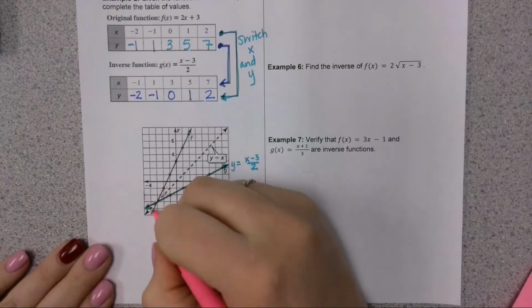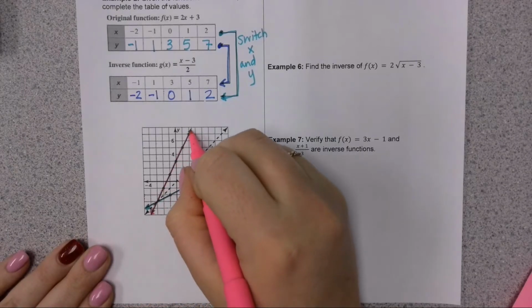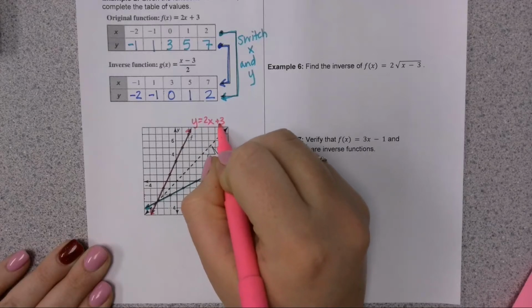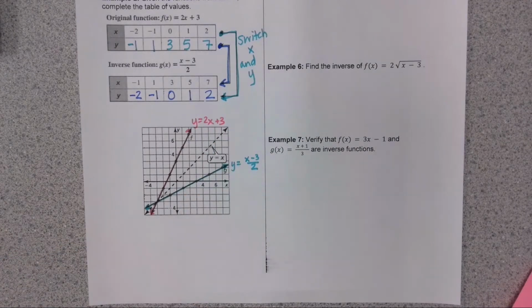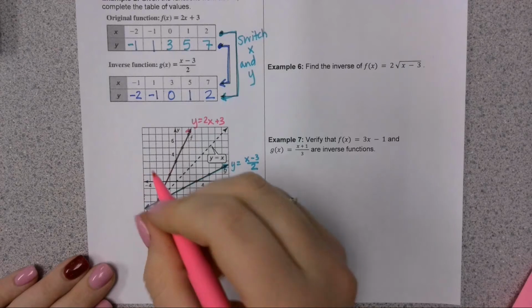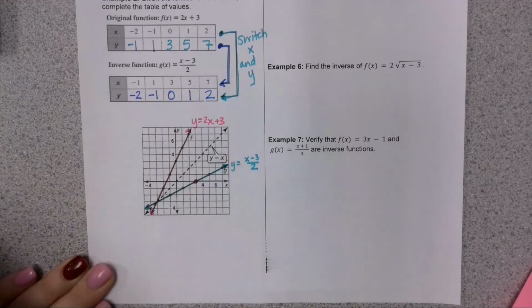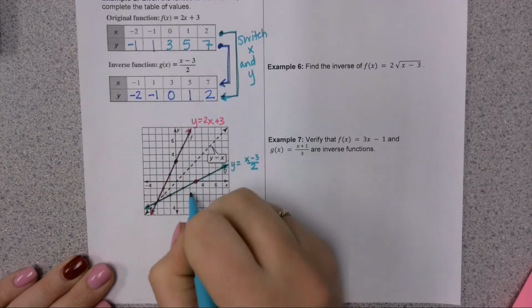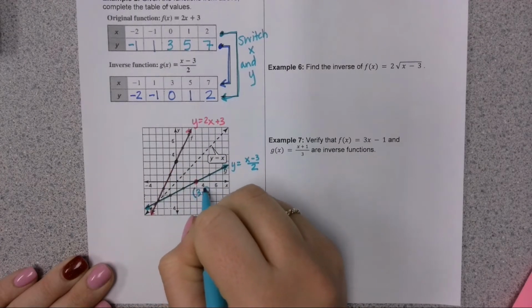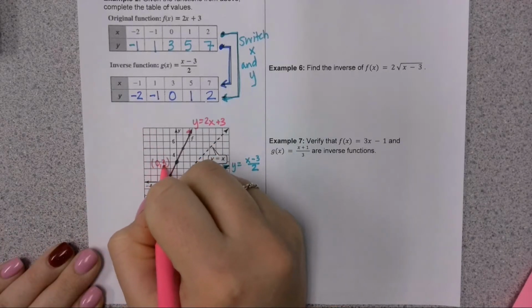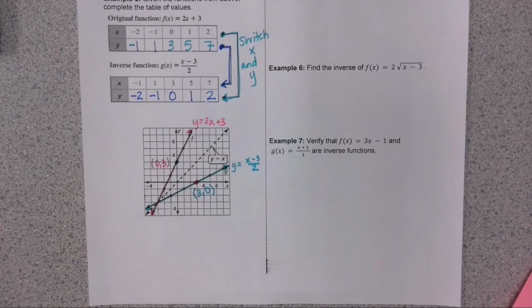And this is our y equals 2x plus 3 line. And you'll notice that all of the points also match up. For instance, if we take this point right here and this point right here, you'll notice something. This point is 3, 0. This point here is 0, 3. The x's and y's change places.